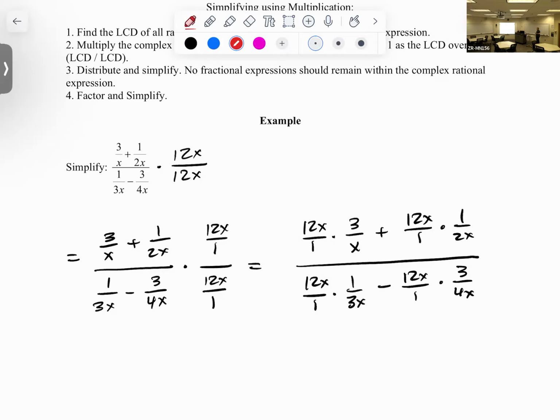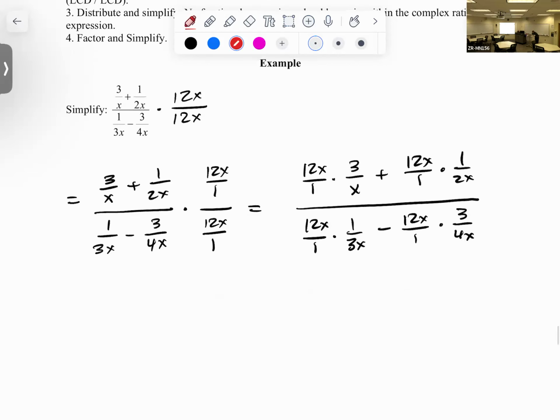Now I get to do a ton of canceling. And so this is essentially what we did slowly above, but we basically get to do it all in one step here. So just like we did before, 12x divided by x. 12. That's a 1. 12x divided by 2x. Wait, 6. 6, right?